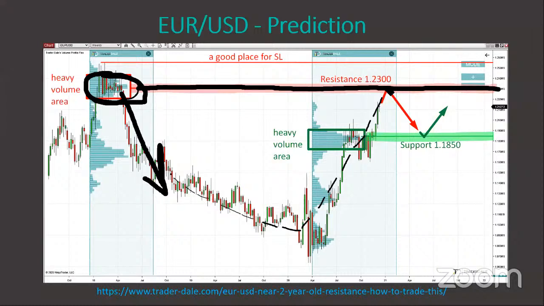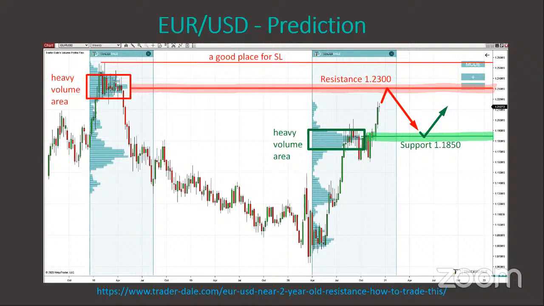You wait for the pullback, and from this heavy volume area, you enter a short, all right? Because this is supposed to work as a resistance. Those big guys should defend this zone. Those big guys have great memory. Markets have great memory. So they will know that 3 years back, they were building up their shorts in here. They will know. So that's the first thing I wanted to show you.